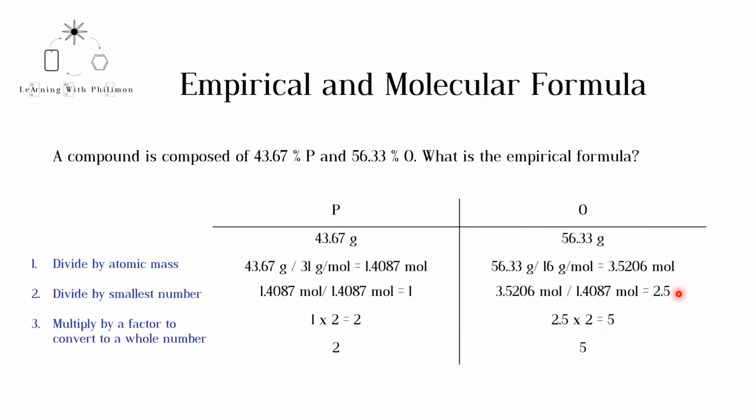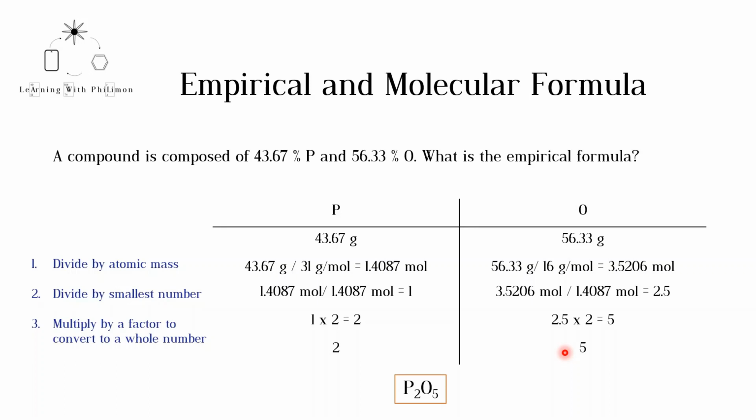We cannot have a decimal number in our empirical formula. We cannot have P1O2.5. Instead, we multiply the numbers by a factor that converts both numbers into whole numbers. In this case, we multiply by 2, getting the ratio of 2 to 5. The empirical formula is therefore P2O5.